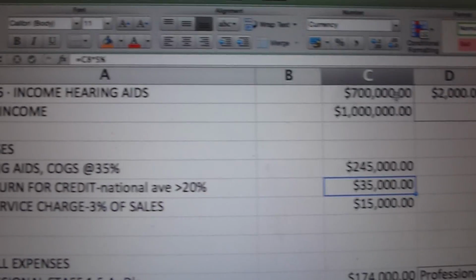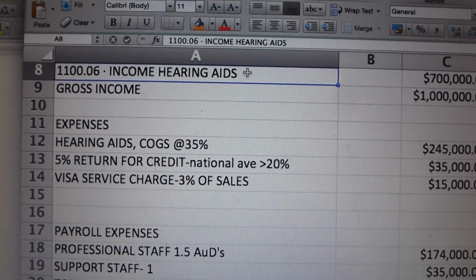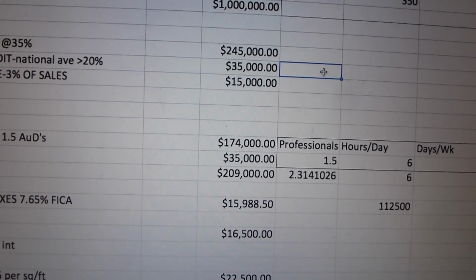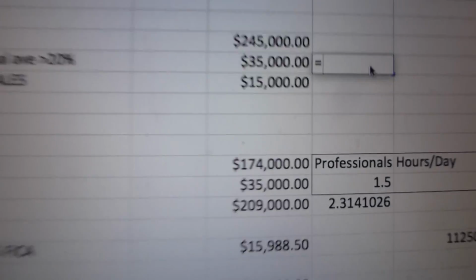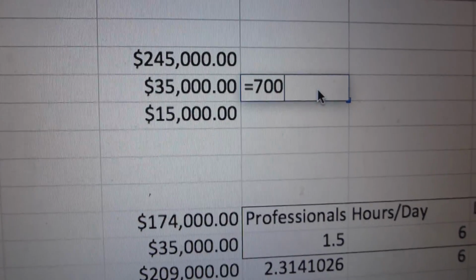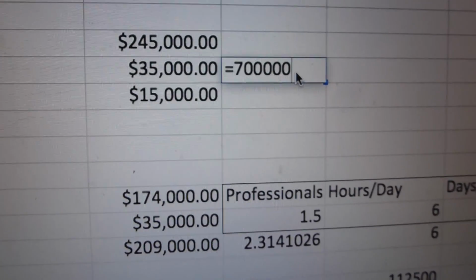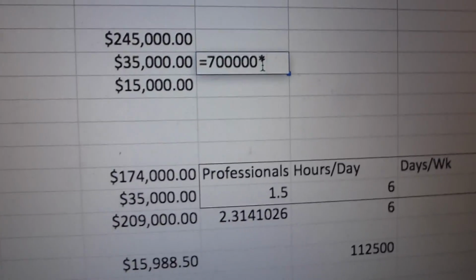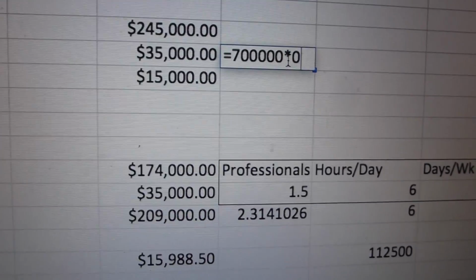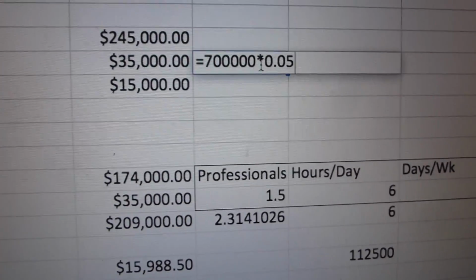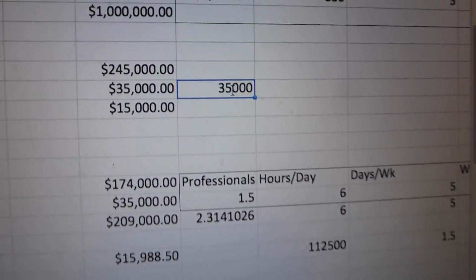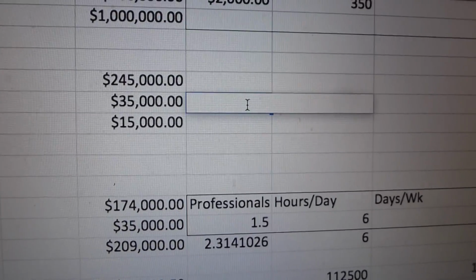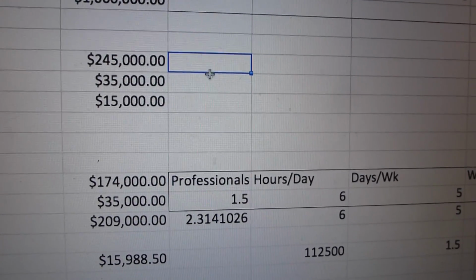How you calculate that, though, is you go up to the overall income for hearing aids at 700,000, and you times that by the percentage. For this, it's 5% or 0.05, which will give you $35,000, or what he gave you. We are going to revisit that for each percentage, so don't stress about that right this second.